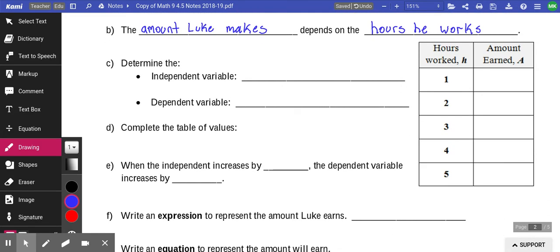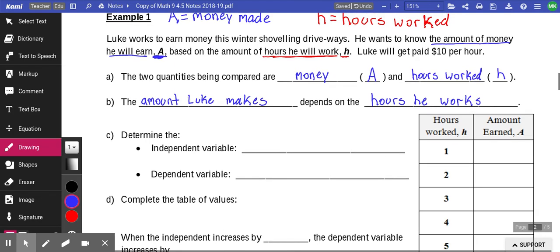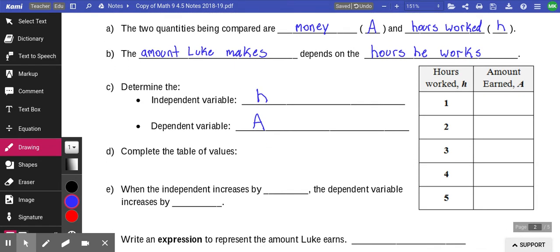The independent variable, we've already decided, was H. The dependent variable was A. We're going to try to complete a little chart now to figure this out. So they've put their independent variable first, H. They put their dependent variable A second in the column. And they've already filled out the first five H values. We're going to figure out which values go in the other column.